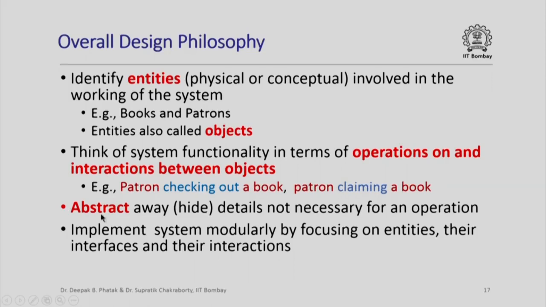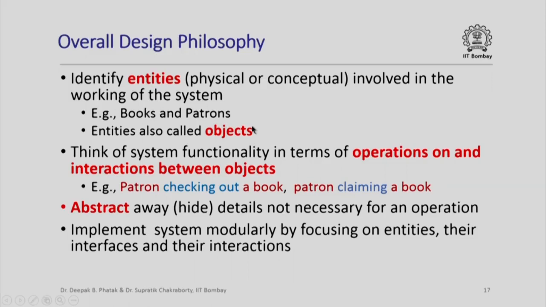And what we will see later in the course is that in this paradigm, we often try to abstract away or hide details that are not necessary for a particular operation. We will look at more examples of abstraction, or hiding details, later in the course. So in the object centered design philosophy that we are talking about over here, we are going to implement a system modularly by focusing on these objects or entities.